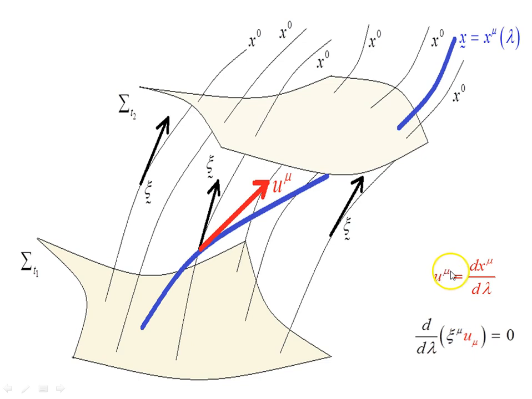So the four-velocity is tangent to the geodesic. That's this vector here, which is tangent to the geodesic at all points along it. And the scalar product of the Killing vector with the four-velocity is constant all the way along. So this angle between these remains constant all throughout the journey along the geodesic. That's the relationship there.